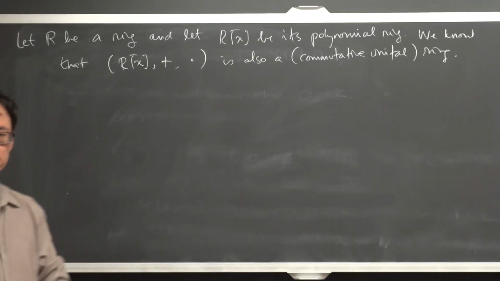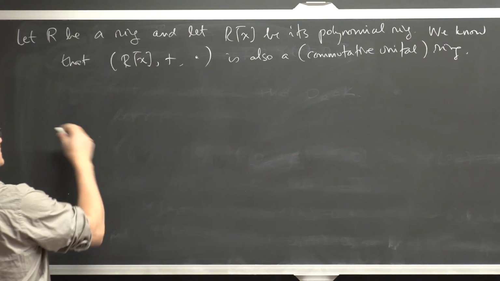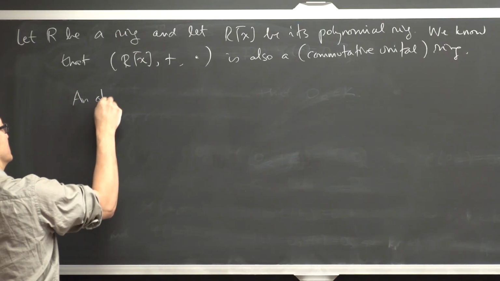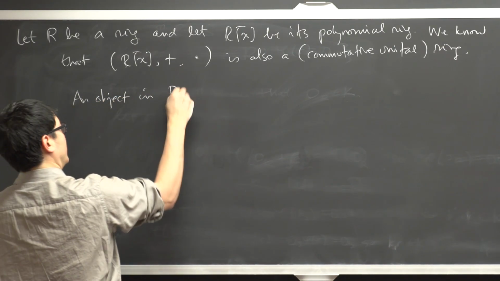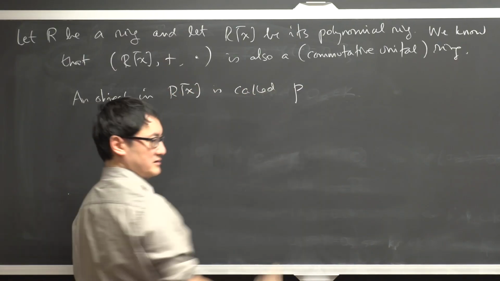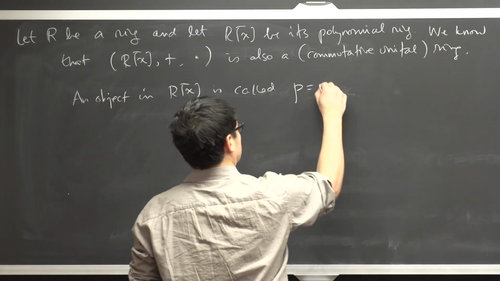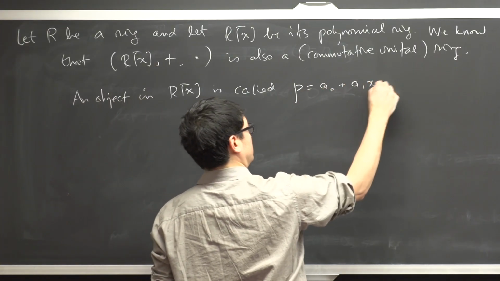Make sense? All right, so an object in R[x] is called something like P. Now, what does P look like? P looks like something of this form.